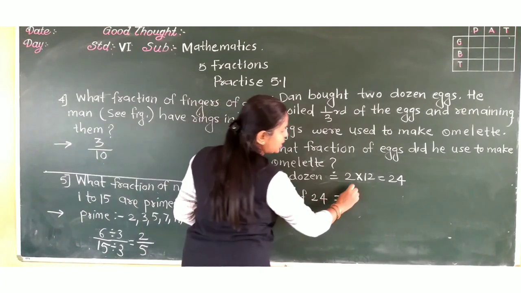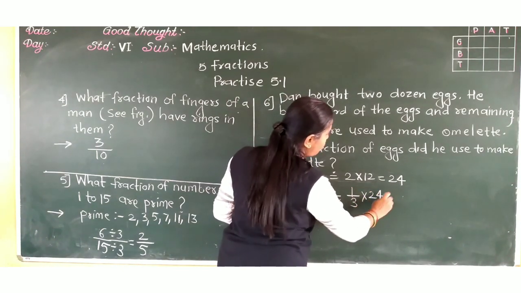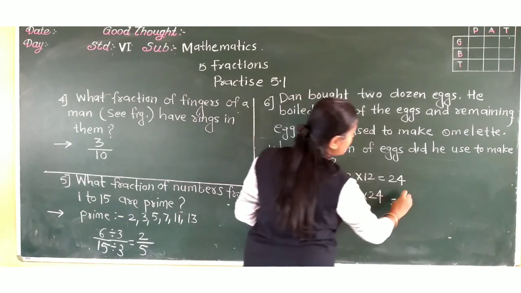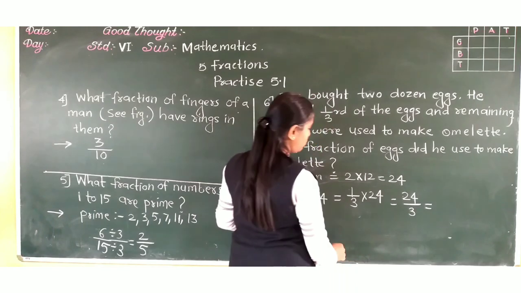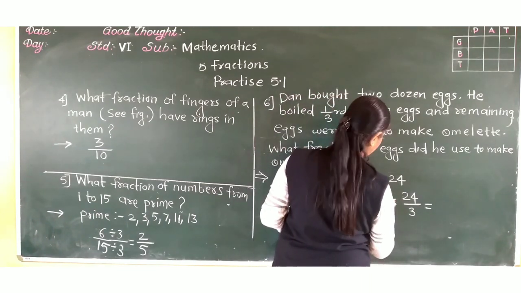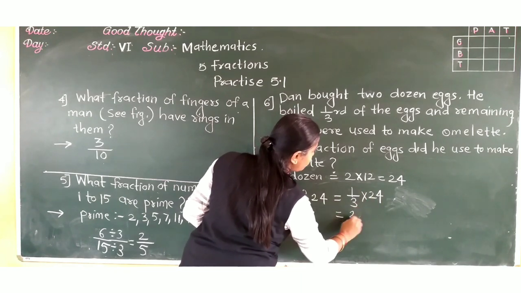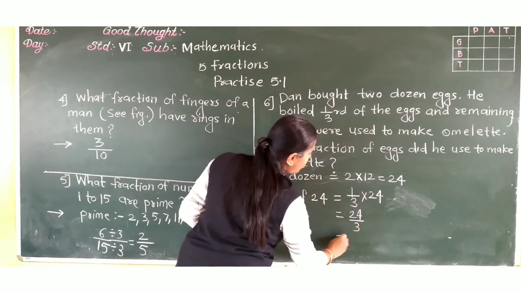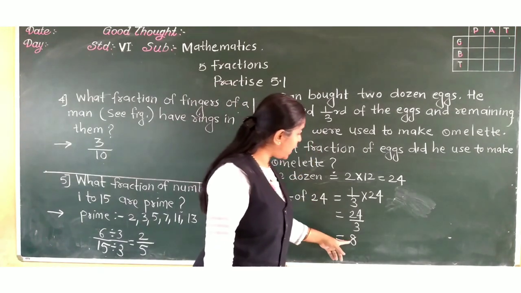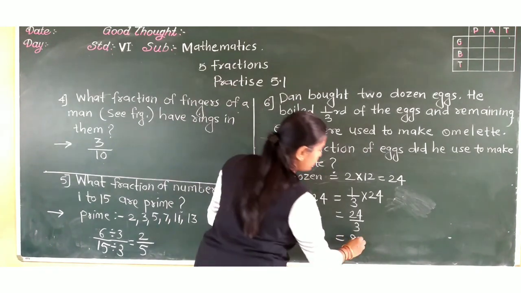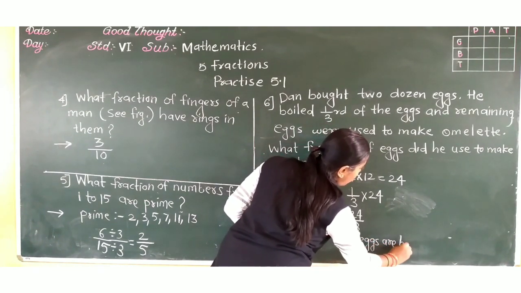See, 1/3 of means into 24, is equal to 24 ones are 24 upon 3. Now divide 24 by 3, 8. That means 8 eggs are boiled. Correct?